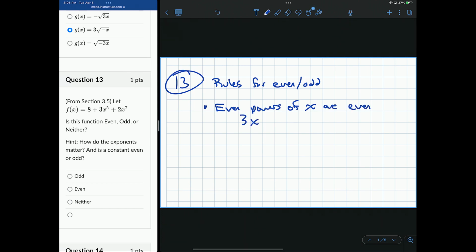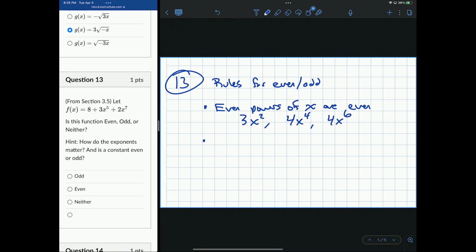So like 3x squared, for example, is even. 3 is an odd number, but we're not looking at the number out front. We're looking at the exponent. So it doesn't matter if there's a number out front. Like a fourth power is even, a sixth power is even, etc.